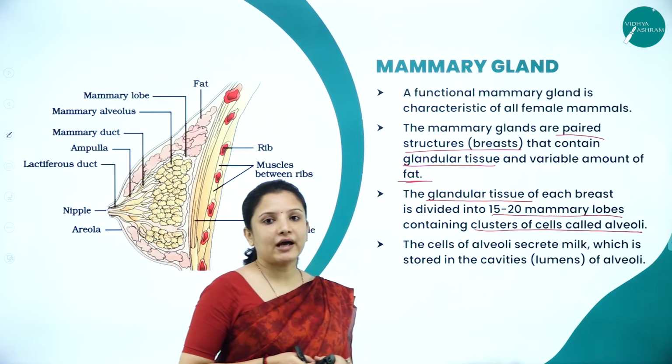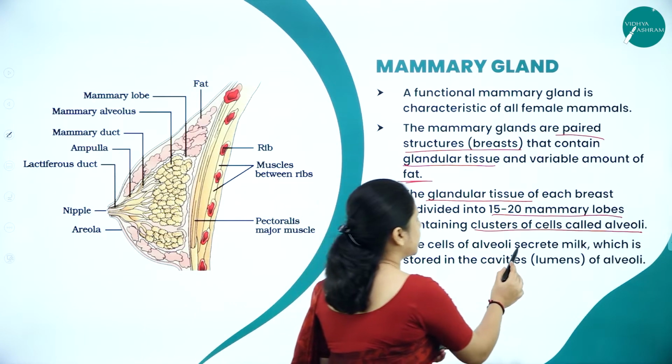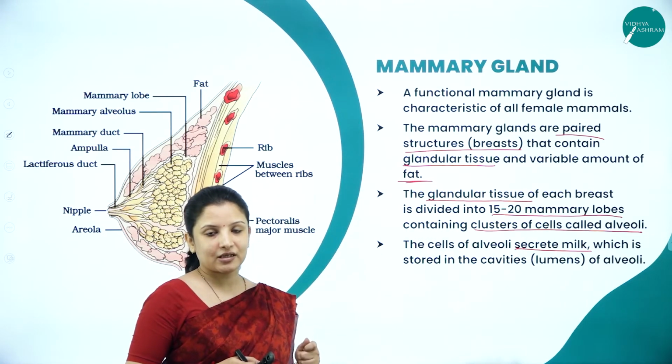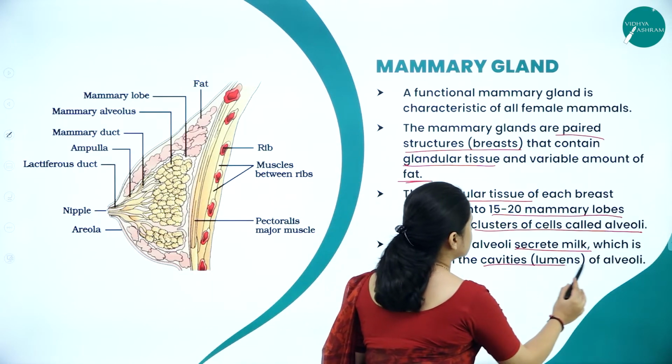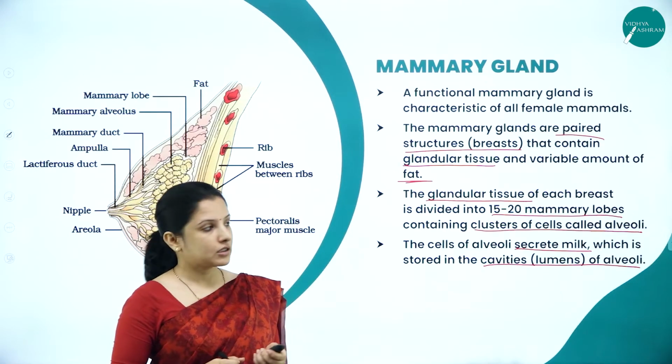And the cells of the alveoli are very important because they are the ones that actually help in the secretion of the milk, and the milk secreted by the alveoli gets stored in the cavities or lumens of the alveoli. So that is how milk secretion takes place.